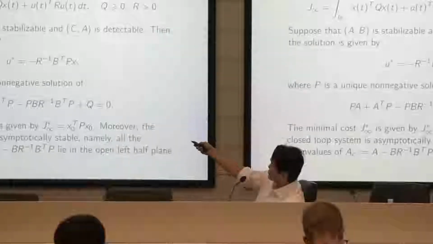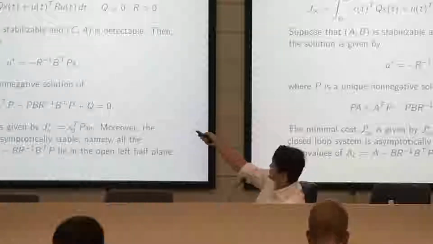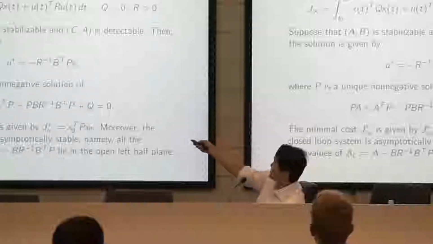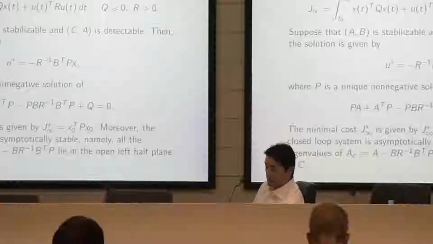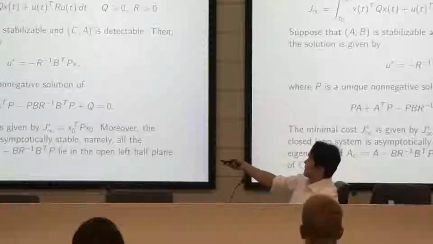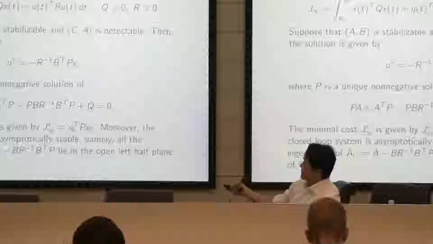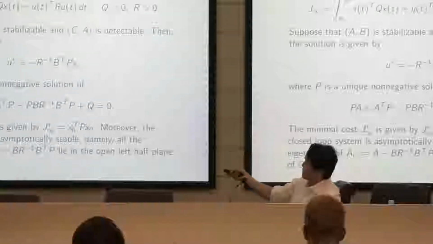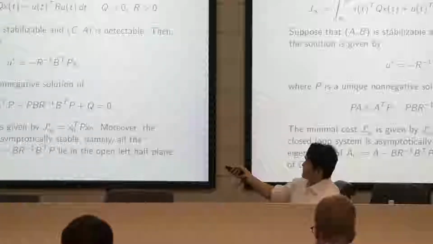And in this control, you have to compute this P. R is here, and B is from here, and P you have to compute. This is called the algebraic Riccati equation. And with this control, the cost is minimized, and the value of the minimum cost is given by this.